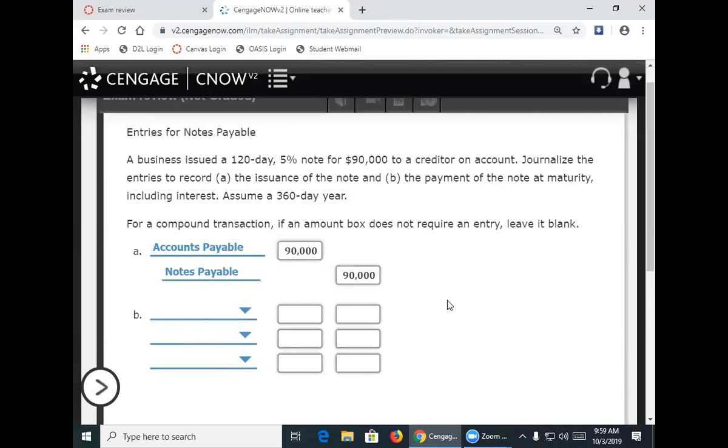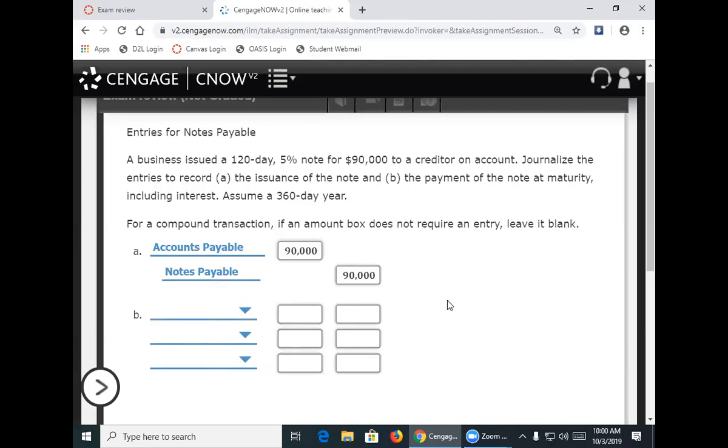For part B, I need to calculate my interest, don't I? I need to know how much interest I'm paying. So what's my calculation for my interest? 90,000 times 5% times 120 divided by 360.